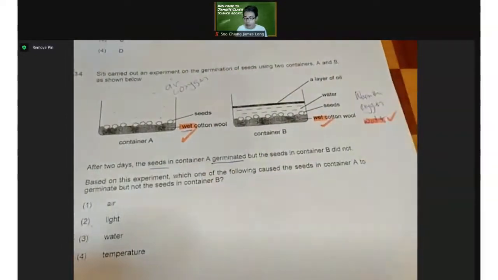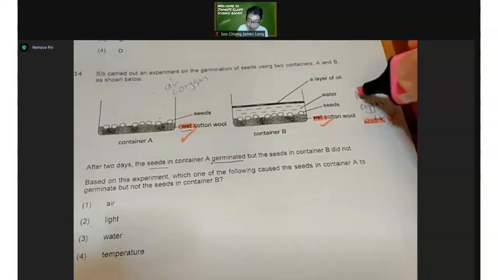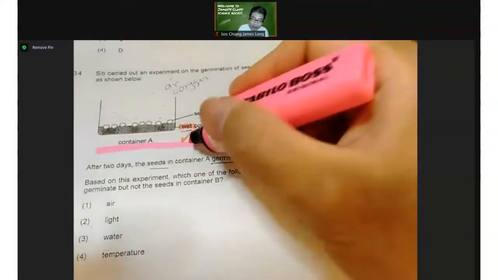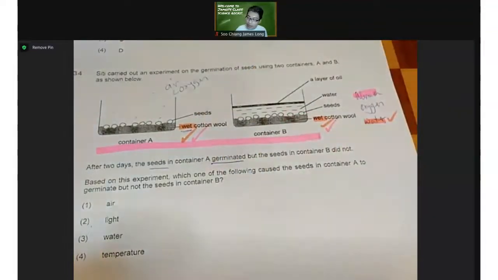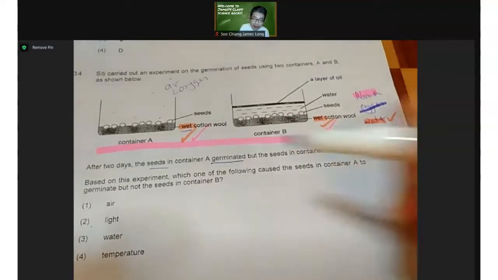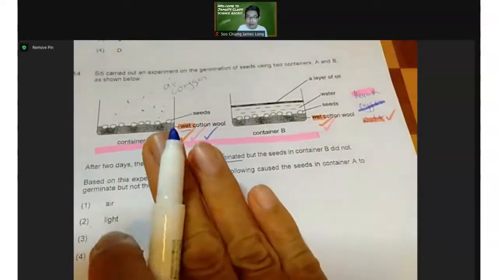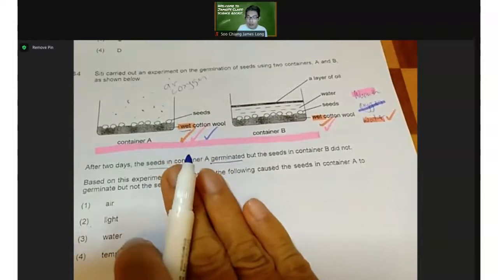How about the next condition? Whether there is warmth. Well, I'm going to assume they are in the same place. Same amount of heat. Now, last condition, which is the oxygen level. Now, this one, it has air here, right, as oxygen. So, oxygen, no problem. For this case, it has all the warmth, oxygen, and water.